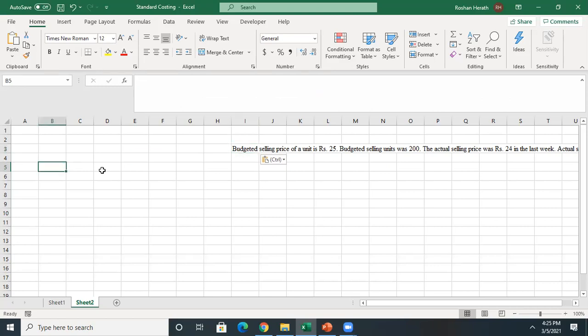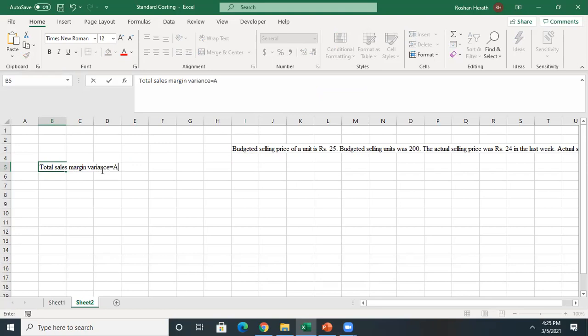So when it comes to the total sales margin variance, the total sales margin variance is calculated.